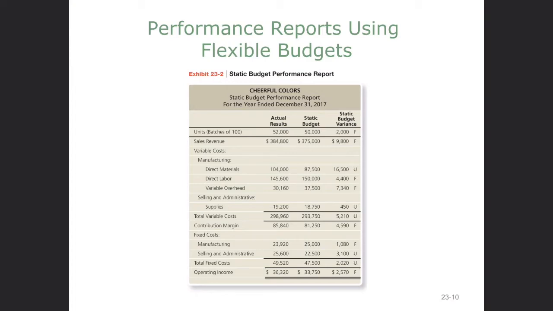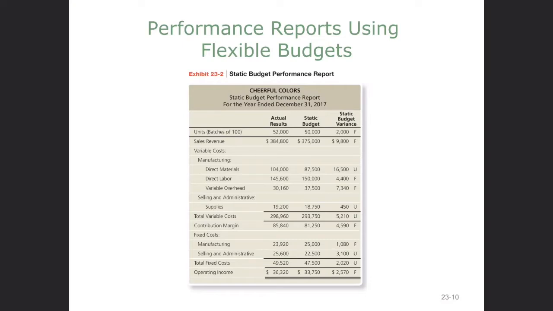Then we'll look at supplies. For supplies, our static budget amount was $18,750. However, our actual results for supplies were higher than that. It was $19,200. So we budgeted about $18,000 to spend on supplies, but we actually spent about $19,000, so we spent more than we budgeted on supplies.